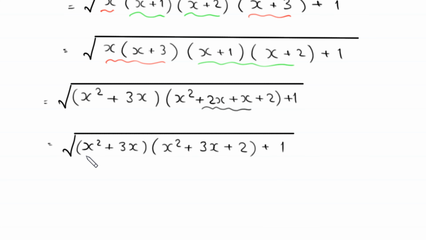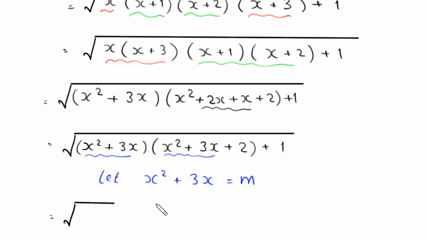Now here we have x squared plus 3x, and here we have x squared plus 3x. So we suppose that let x squared plus 3 times x is equal to m. Then this expression will become square root of m times m plus 2 plus 1.